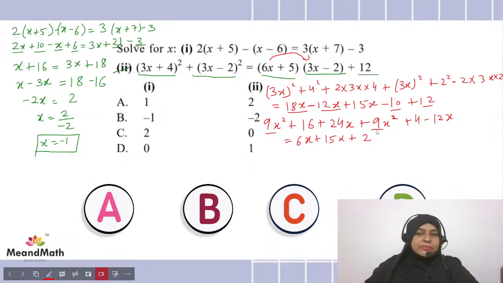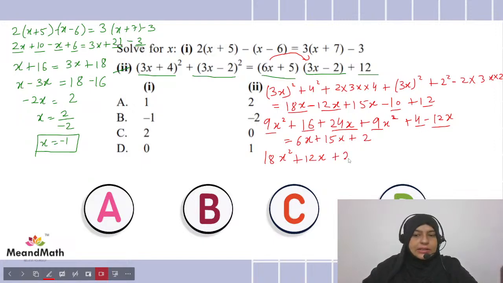9 plus 9, it is 18x square. Right? 24 minus 12, it will be 12x. 16 plus 4, it is 20.